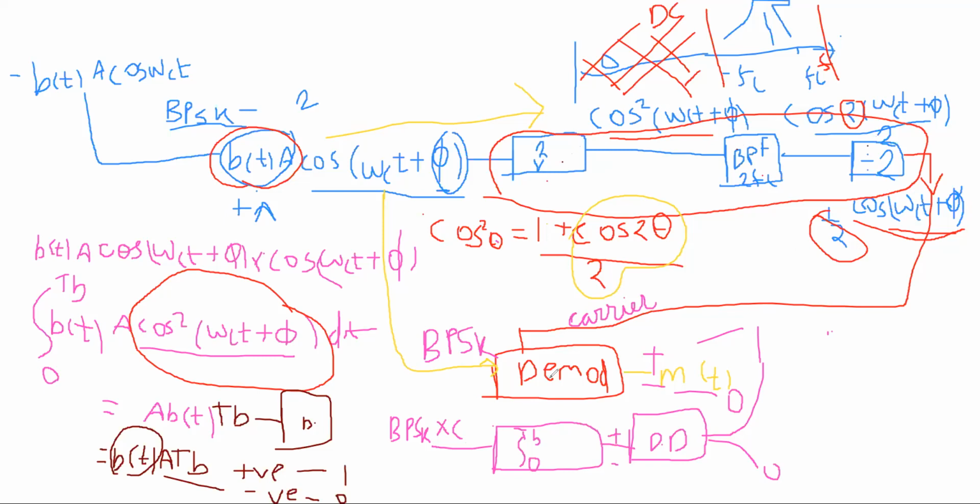Then the signal is given to the demodulator, where it is first multiplied with the carrier, and after multiplication it is given to the integrator, and the integrator output is given to the decision device block. We have just seen with the help of expressions how the decision device takes the decision in favor of logic 1 and 0. So here we understand the working of the BPSK receiver as coherent detection.